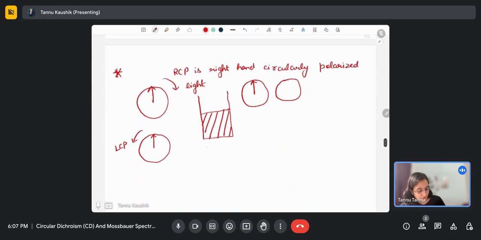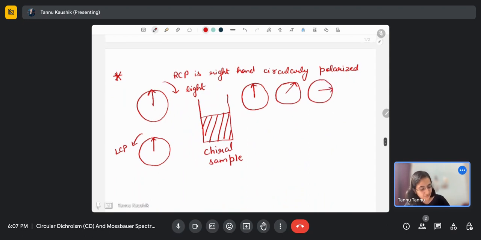This chiral sample rotates the right circularly polarized light in the right direction, such that we get the resultant plane polarized lights in all these directions.